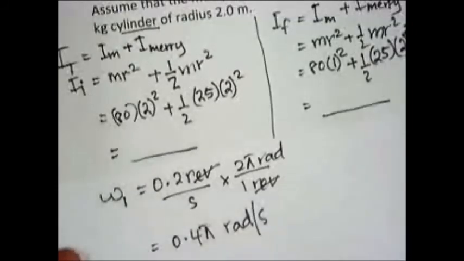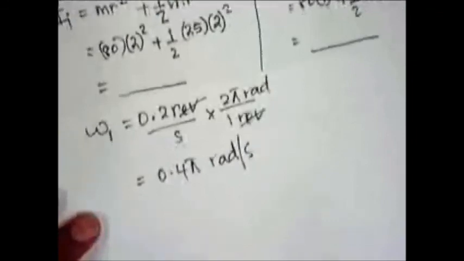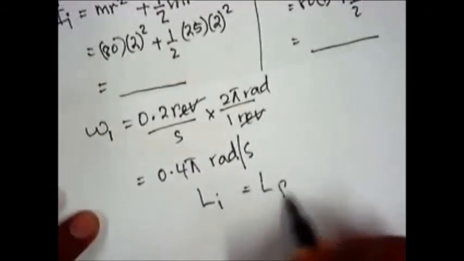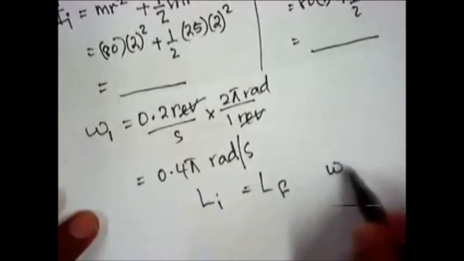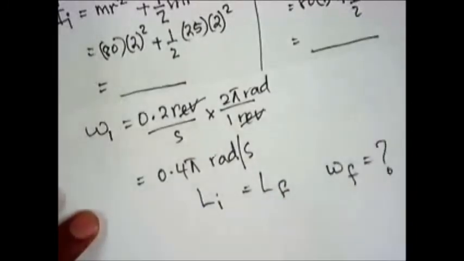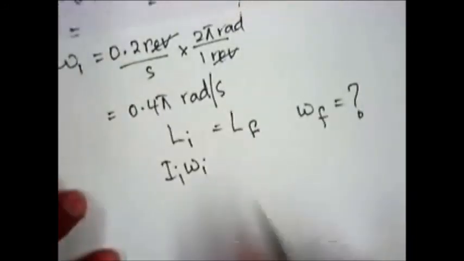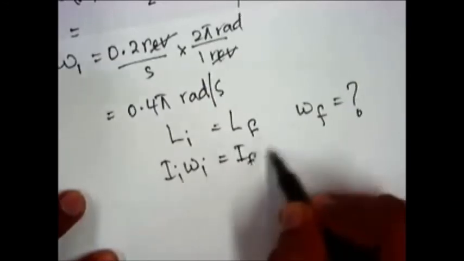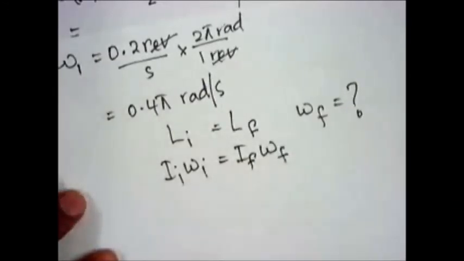After you have that, you can apply momentum initial equals momentum final to find your final angular velocity. So moment of inertia initial multiplied by omega initial is equal to moment of inertia final multiplied by omega final.